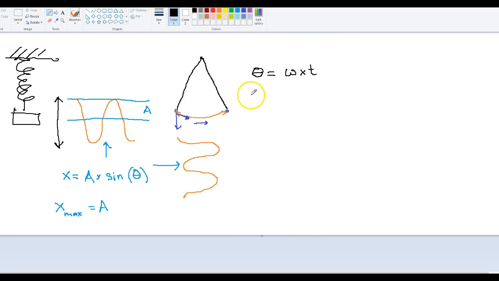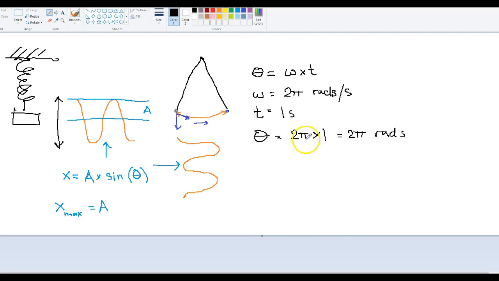So for example, if omega is equal to 2 pi radians per second, then if t is equal to 1 second, we'll find that theta is equal to 2 pi times 1, which equals 2 pi radians.